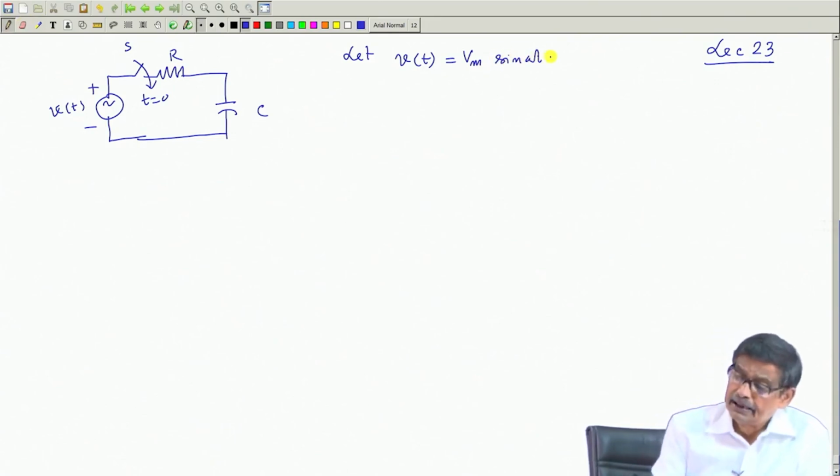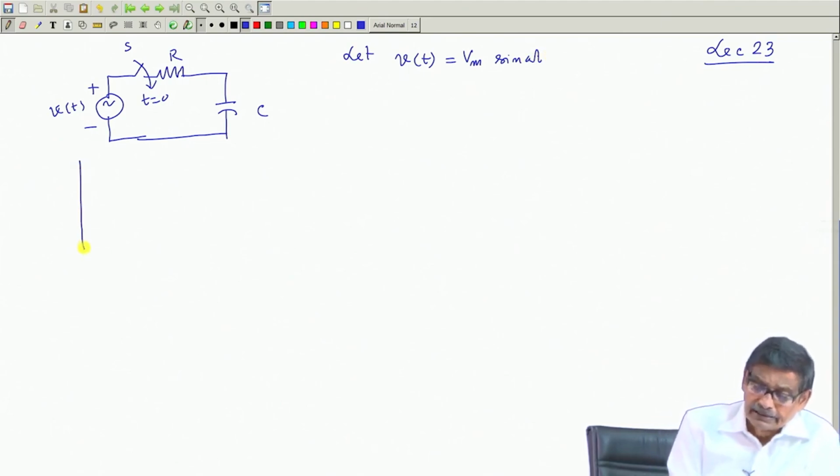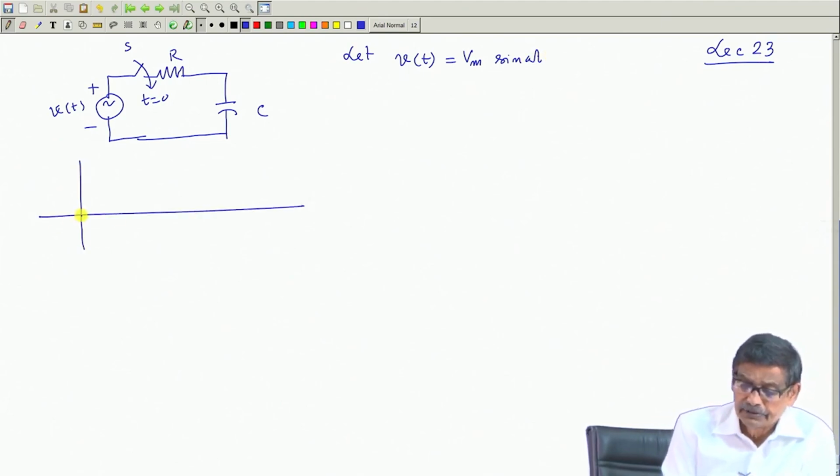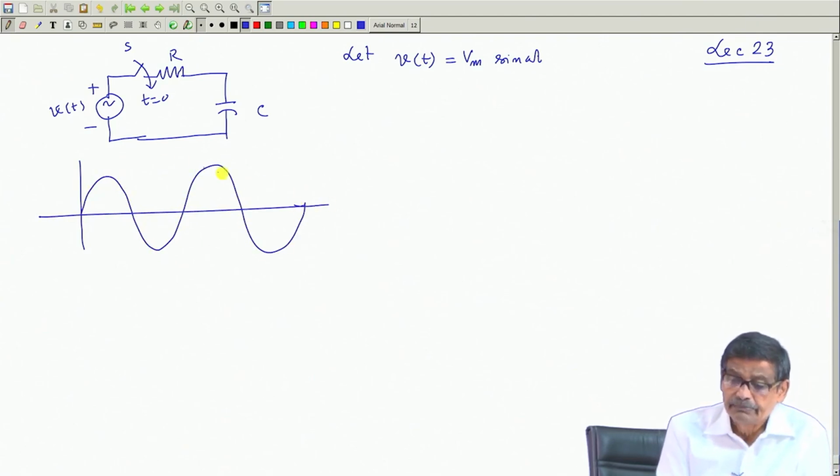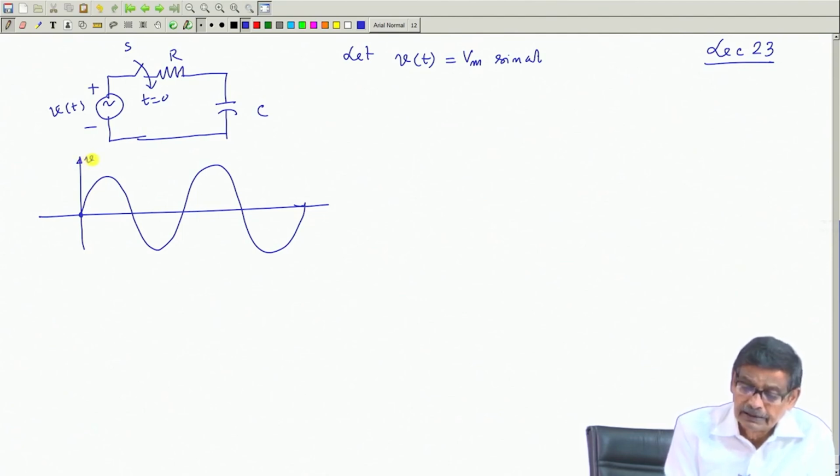This is my supply voltage, which is sinusoidally varying, and I will close the switch at t equal to 0, meaning at this point where the voltage is going through 0 towards positive. This is the instant of switching, and this is V max.